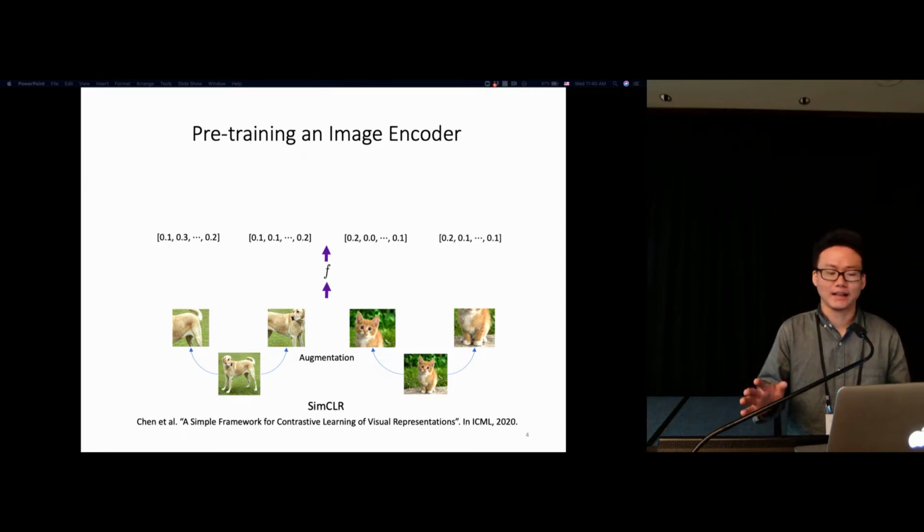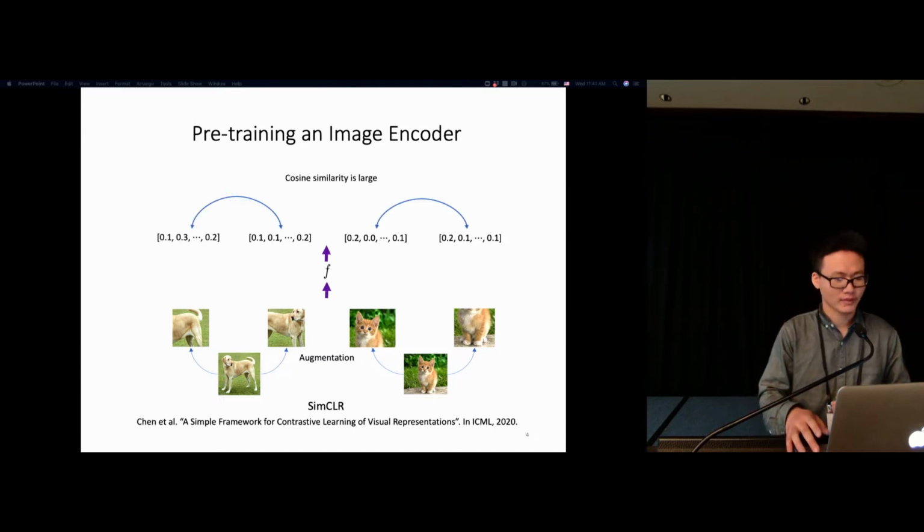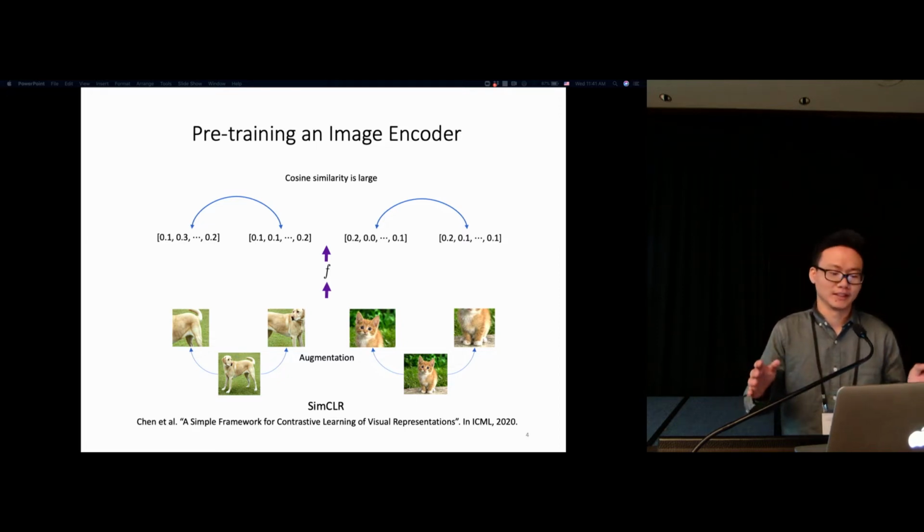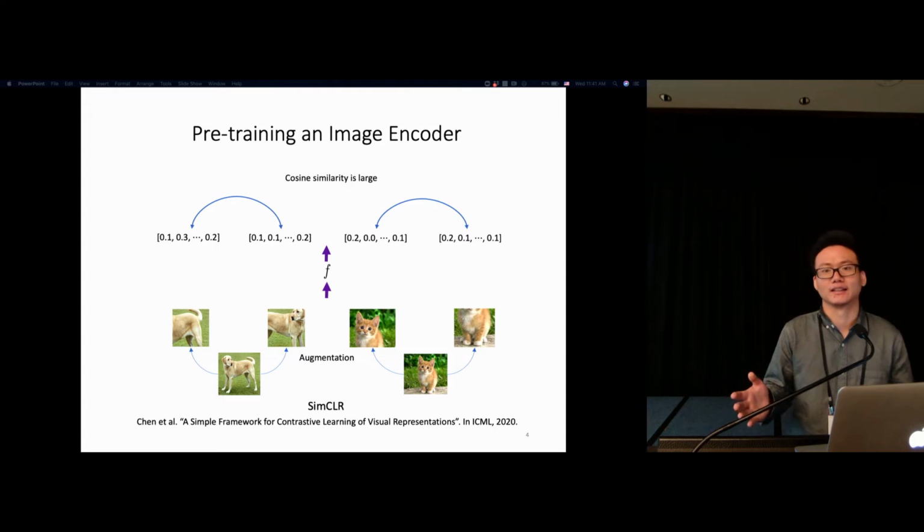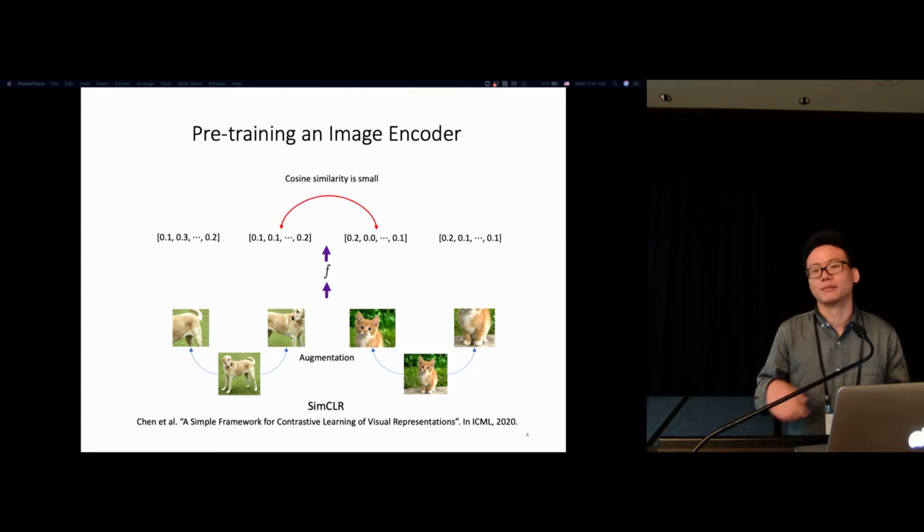Then SimCLR uses an image encoder to compute a feature vector for each augmented image. The image encoder is updated such that if two augmented images are from the same image, their feature vectors have larger cosine similarity. And if two augmented images are from different images, their feature vectors have small cosine similarity.